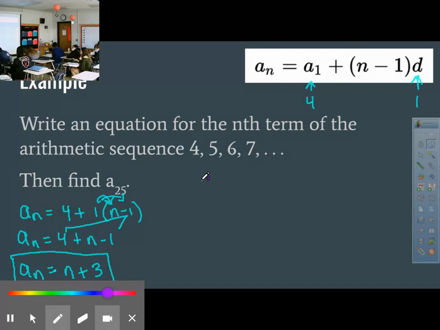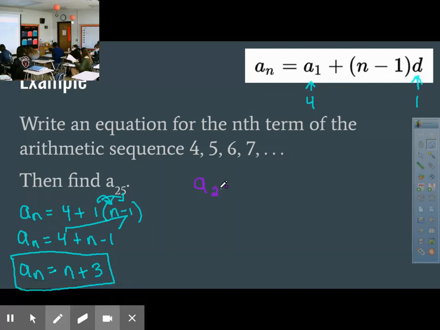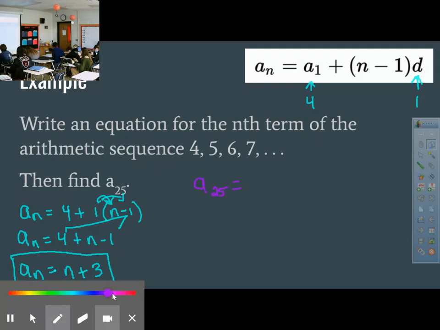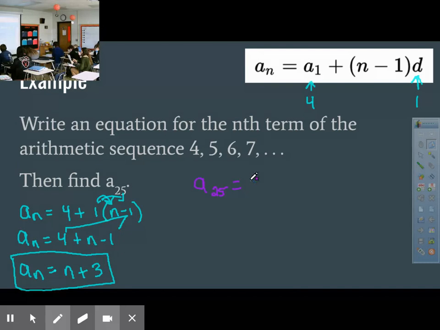You have n plus 3, so n is 25, because that's what we define as the 25th term. So you would do 25 plus 3. Our 25th term would be 28.